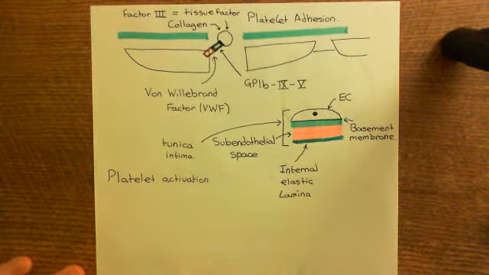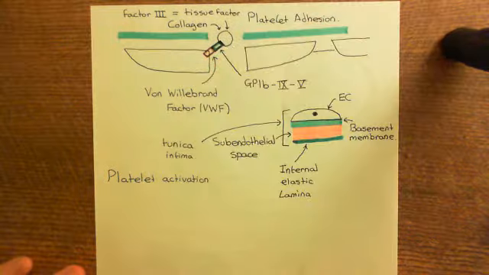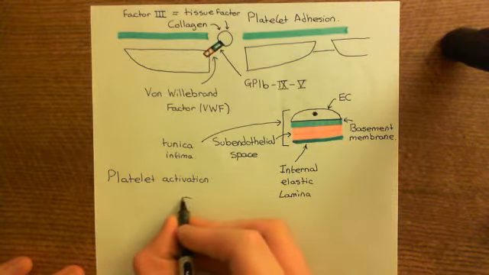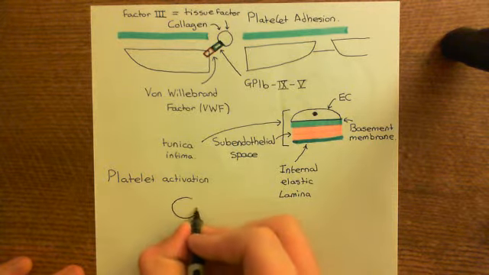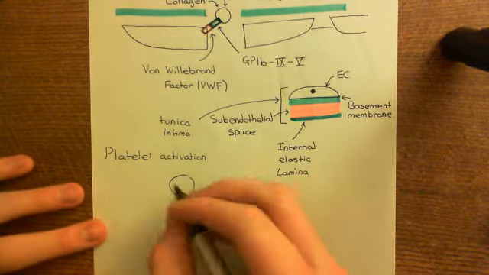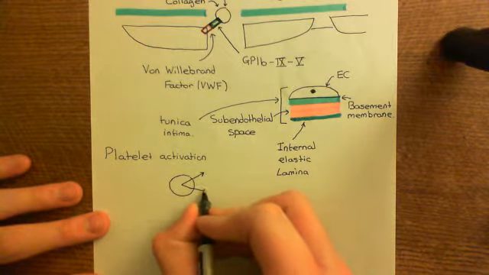So what happens in platelet activation? Well, there are more than two things, but we're going to concentrate on two main things. When a platelet is activated, so let's have a platelet here, it releases two major things which we're going to study at least.